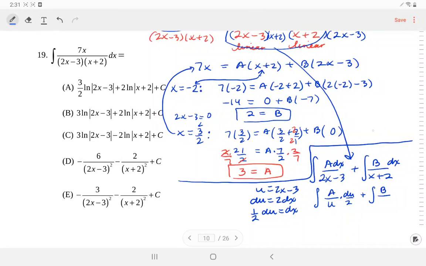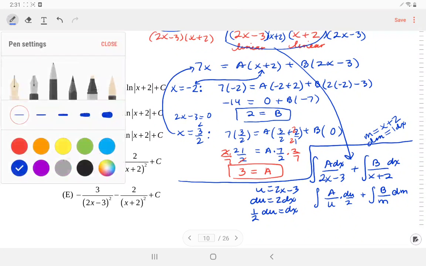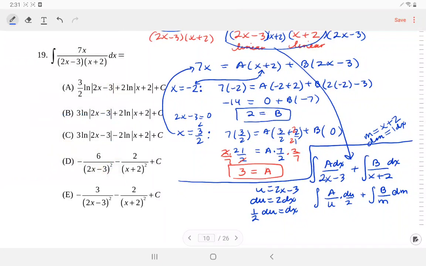It's not really u anymore. Maybe we'll call it m substitution. m is x plus 2, and then dm equals 1 dx. So this is m, not u. Dm, I guess.